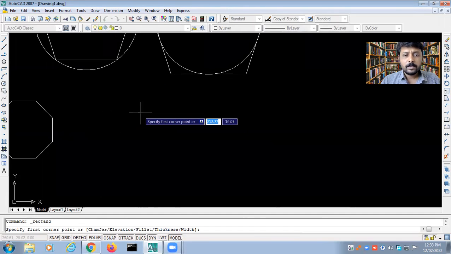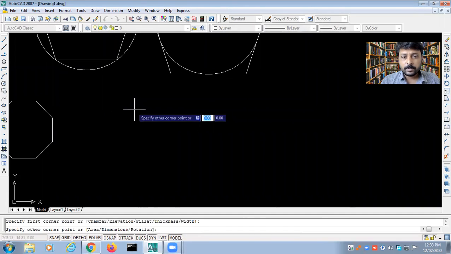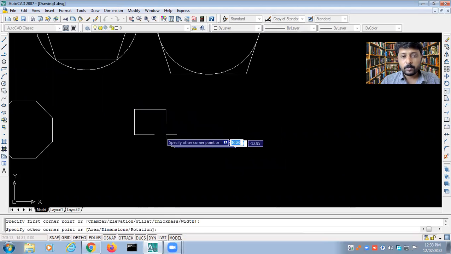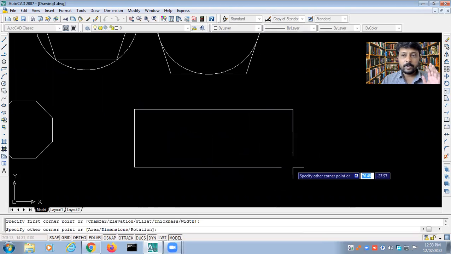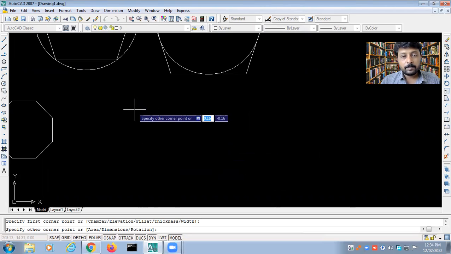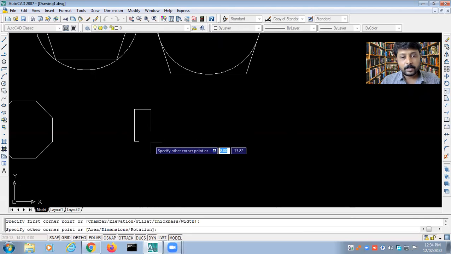As usual, you have to first define the first point, and you can get a rectangle with any length or height. So if you see this particular drawing, we have started from this point, right? So I am taking this rectangle to the below side.